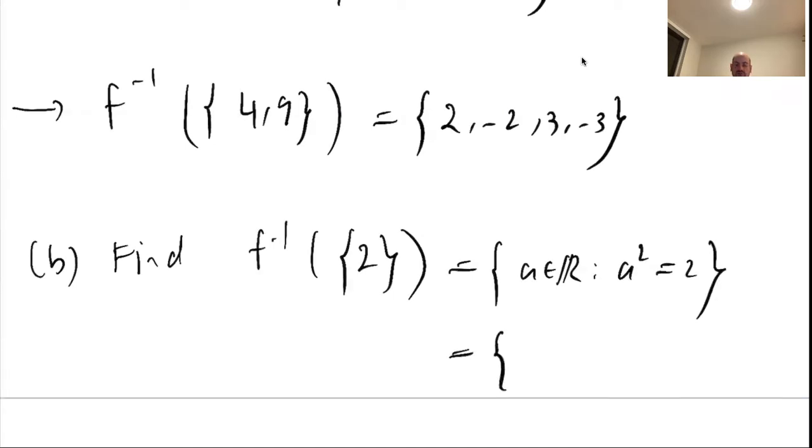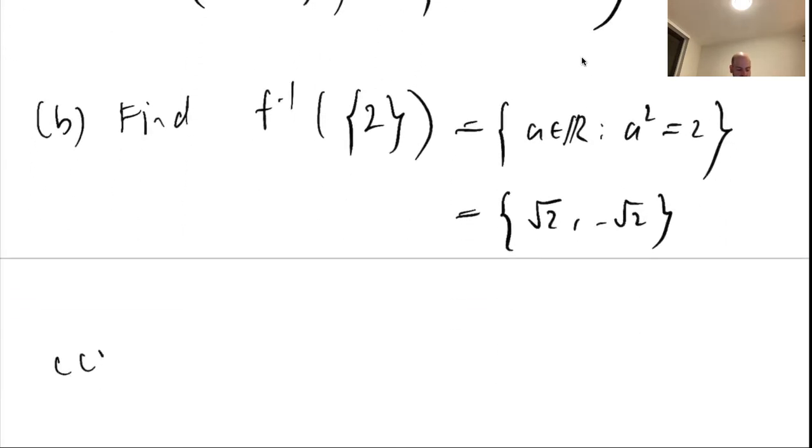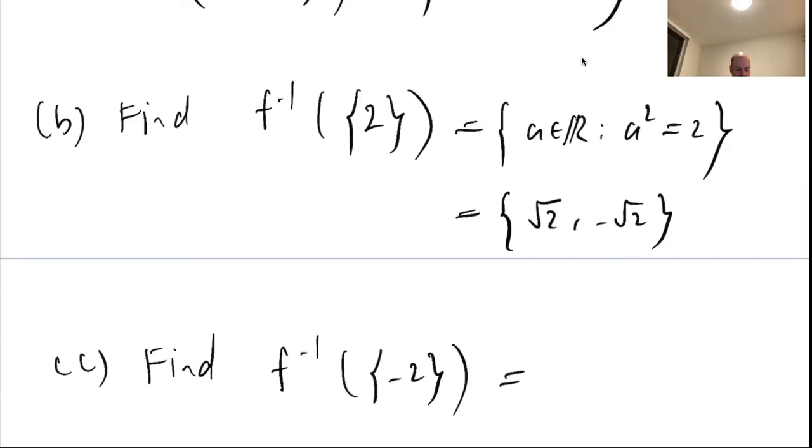And the squares of which elements are 2? Root 2 and minus root 2. Part C, find, let's say, f inverse of {-2}. And this one, by definition, is the set of all elements a in R such that a squared is equal to minus 2.